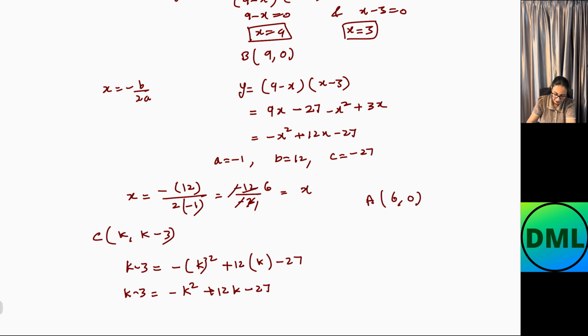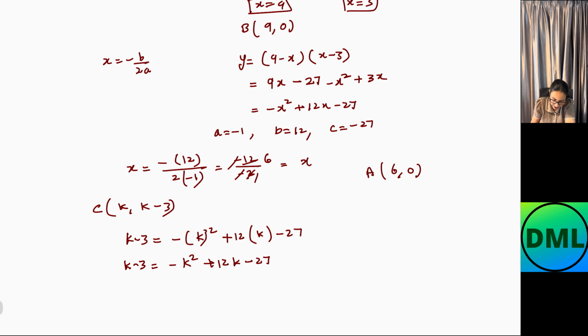I need to combine the k and constant terms first. This will be written as 0 = -k² + 12k - k - 27 + 3. I moved k and 3 to the right-hand side. This will be written as -k² + 11k - 24.